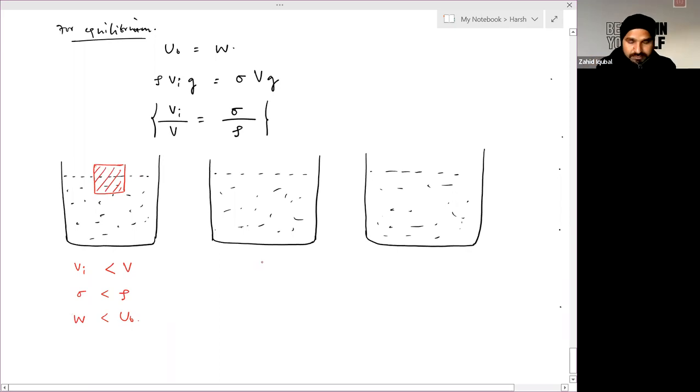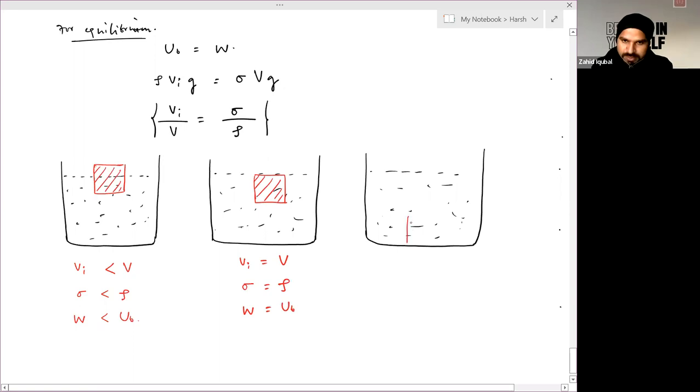In the second part, suppose the configuration is like this, completely immersed. So volume of object immersed equals its total volume. So sigma will equal rho, or weight of object will equal buoyant force. But still it is floating.